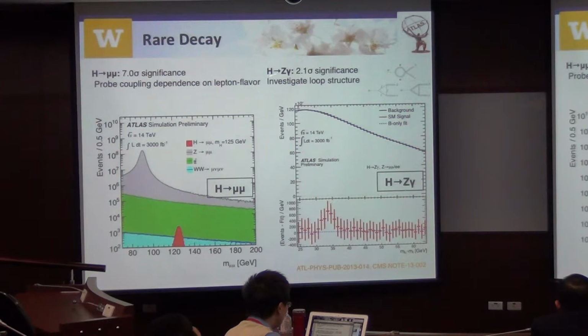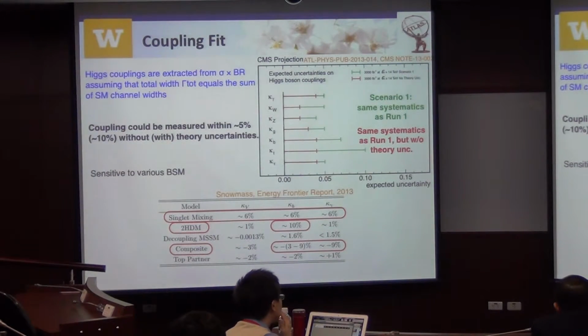However, Higgs to Z gamma goes through a loop diagram, so this is a really rare process. Even with 3,000 fb^-1 of data, the expected observation significance is only 2 sigma. Okay. So then here it shows you a similar plot to the one we showed earlier, the coupling strength.